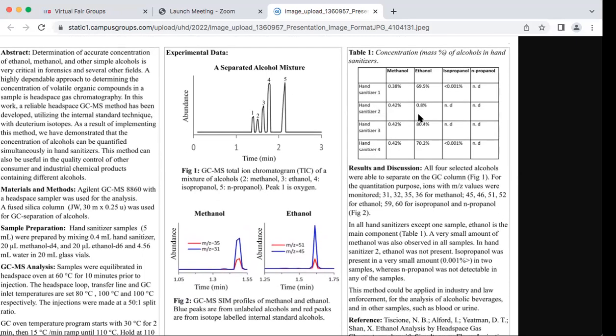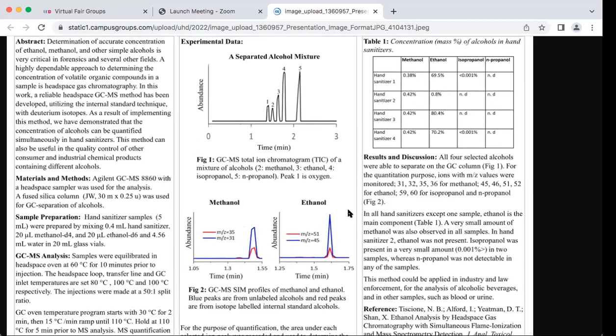But the active ingredient was not ethanol. It was benzalkonium chloride. So we found that ethanol is not always used in hand sanitizer. In this case, it was benzalkonium chloride.